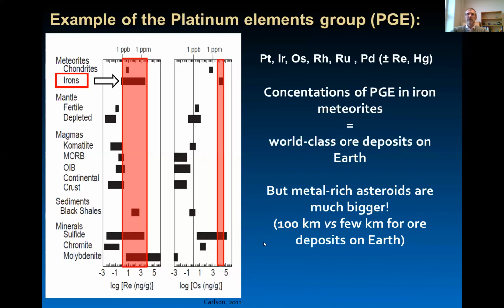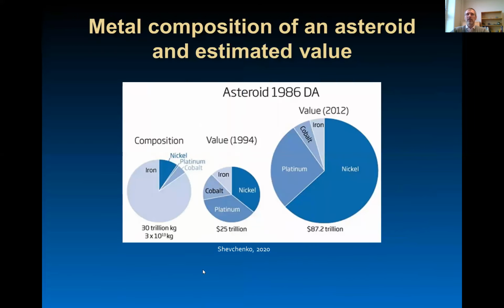To illustrate a bit further the interest for asteroids in terms of metals, you have the composition of this asteroid here in terms of metals: iron, nickel, platinum, and cobalt.